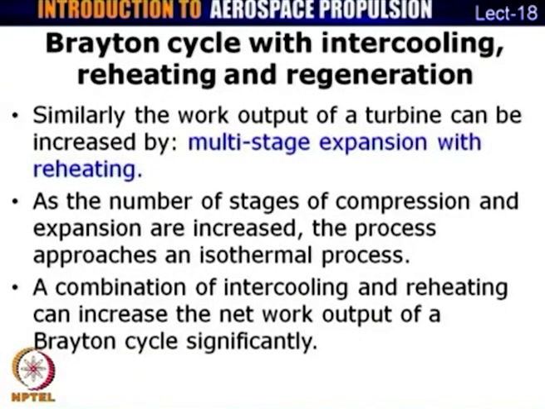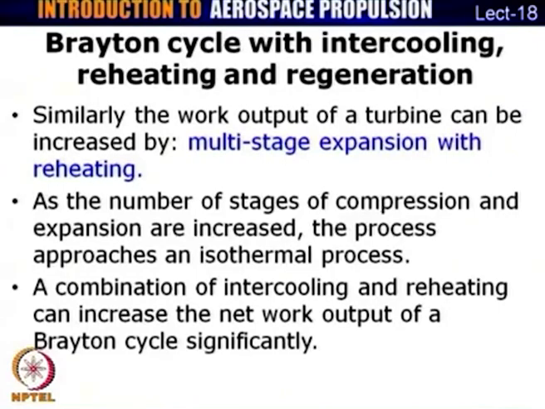Similarly, the work output of a turbine can be increased by what is known as multi-stage expansion with reheating. That is, we split the expansion process into different stages and apply reheating in between them, so that the net work output of the turbine can be increased.